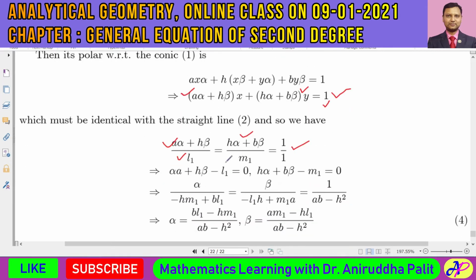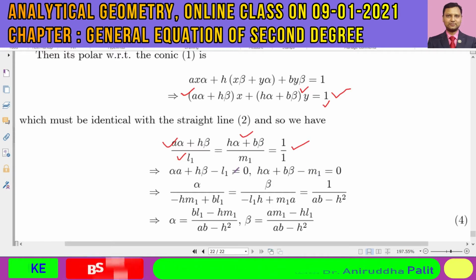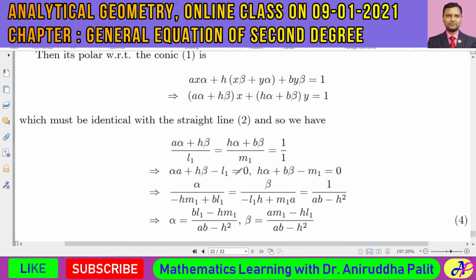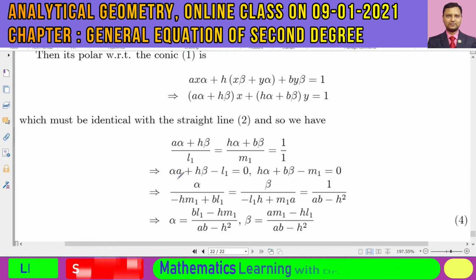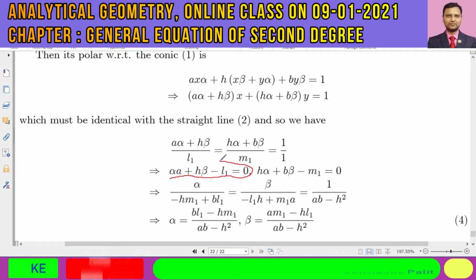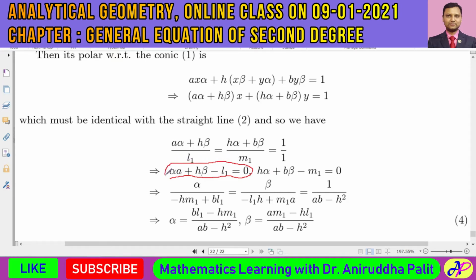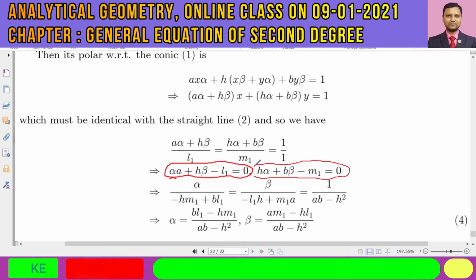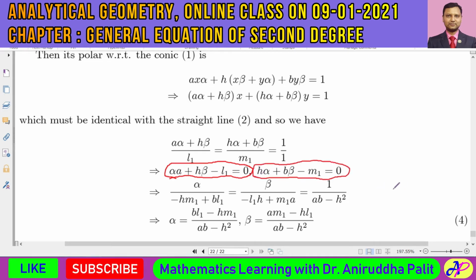So if we compare the first ratio with the third ratio, we will get one relation involving the quantities alpha and beta, and comparing the second ratio and the third ratio would be another relation involving alpha and beta.